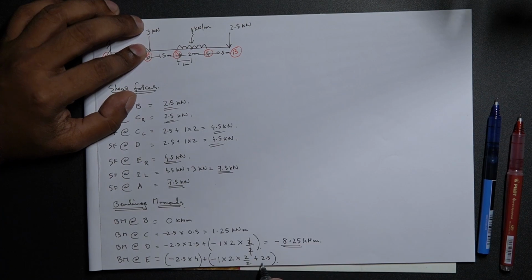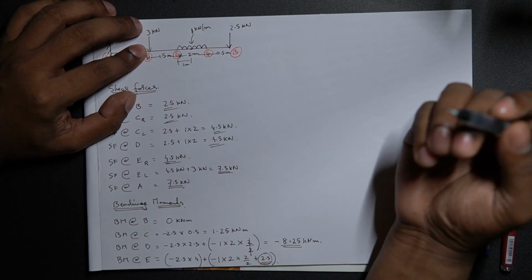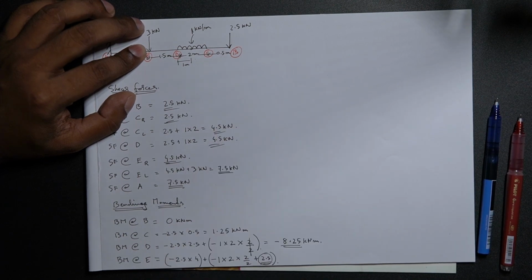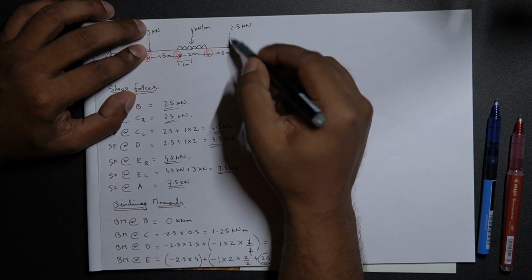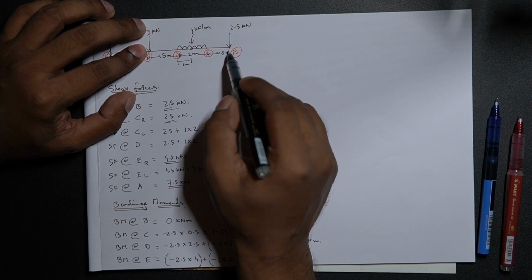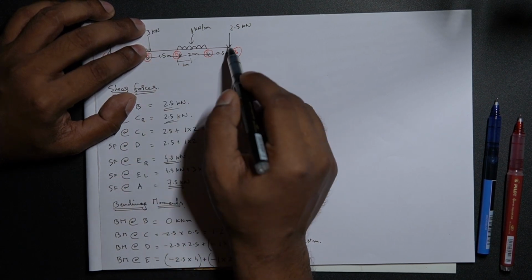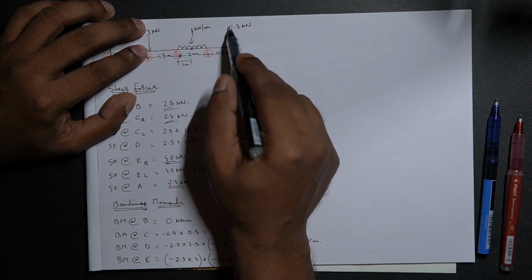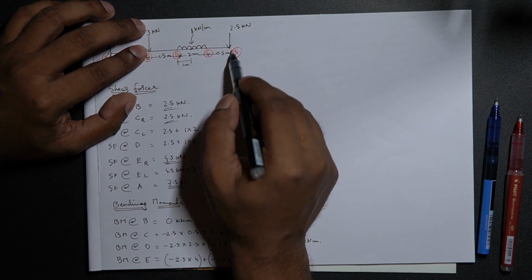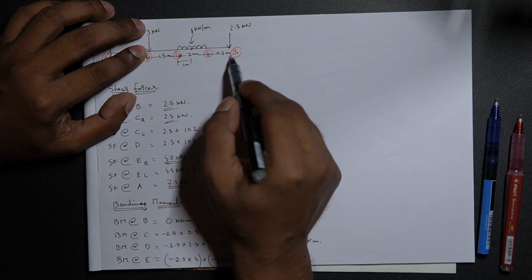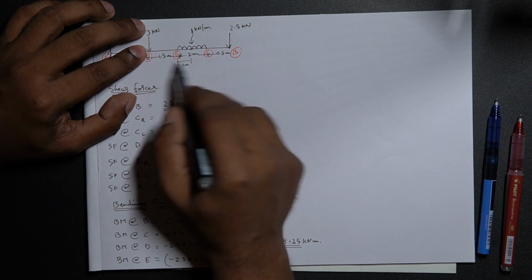Now, you might be wondering why this 2.5 has occurred. Let's look at this in terms of lever arm. For a point load, we multiply the load, that is 2.5 kilonewtons, by the entire lever arm length up to the point where we want to calculate the moment: 0.5, 2 and 1.5 altogether.